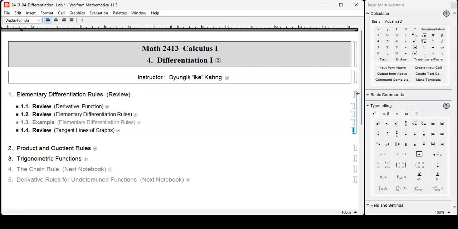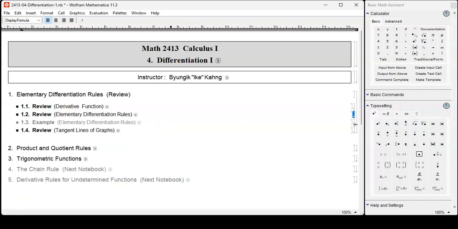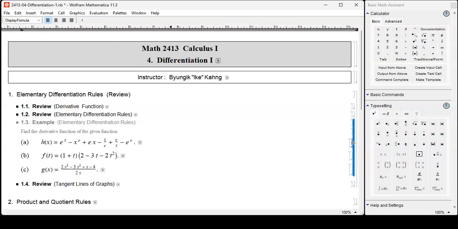So we just reviewed elementary differentiation, the straightforward rules of the power rule and exponential rule and log rule. And in practice, especially with the kind of problems like this, but especially things that are more complicated like these, with a lot of additions, it is very important you do not change the order.